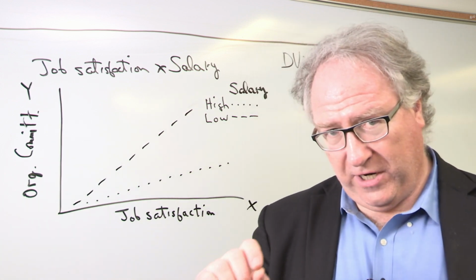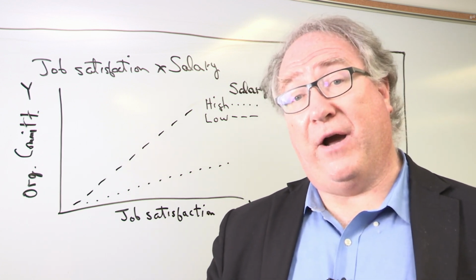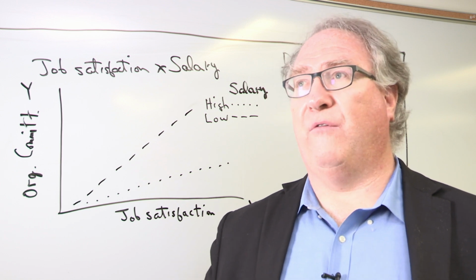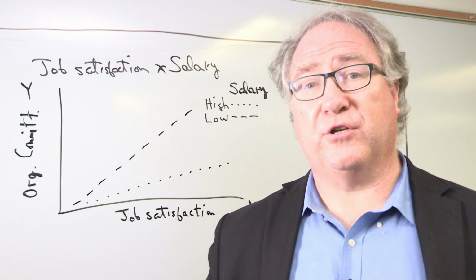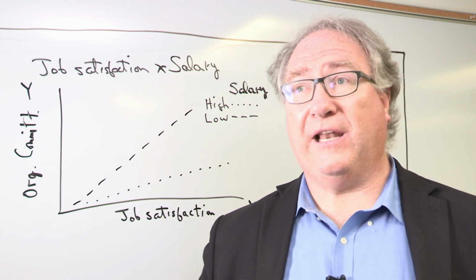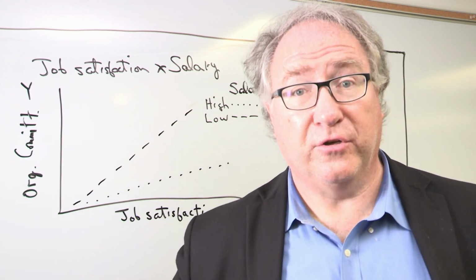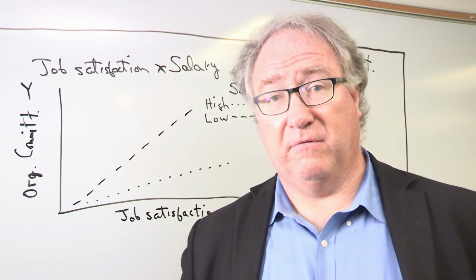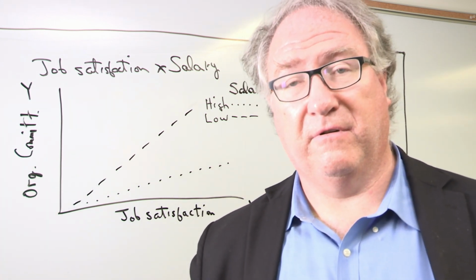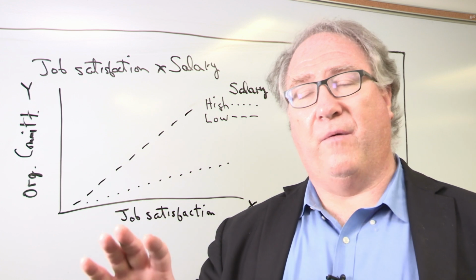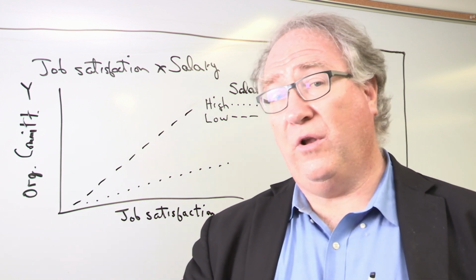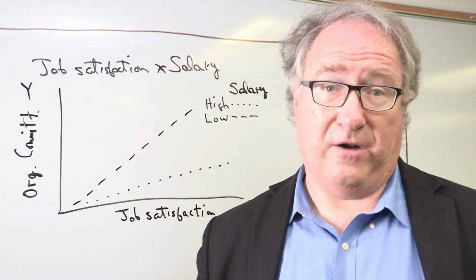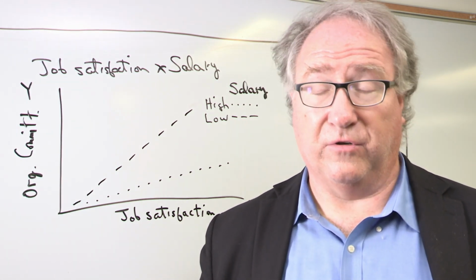Okay, now before I talk with you about three-way interactions, you might be wondering, well, if we can look at three-way interactions, why can't we look at like a four-way interaction? Or a five-way interaction, or a six-way interaction? Okay, well, you only very rarely see a four-way interaction in the research literature.